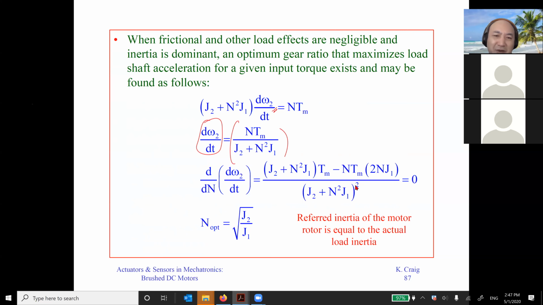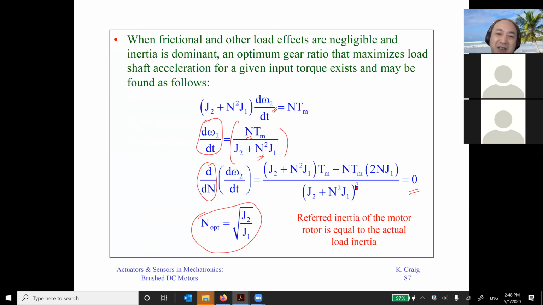So then we differentiate with respect to N, change the N. It turns out that we have this stationarity condition, then there is an optimal choice of capital N. Optimal in what sense?